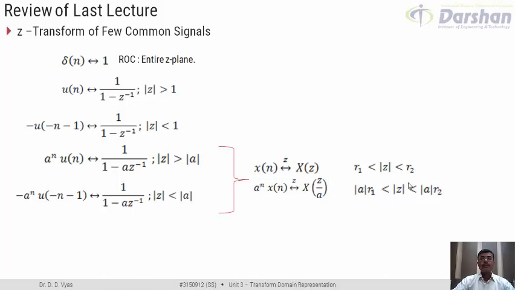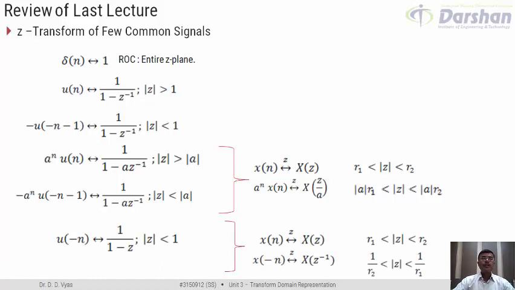The property used here was multiplying a signal with an exponential a raised to power n. Further, we had also derived Z transform of a signal U of minus n from the Z transform of U of n using the property of time reversal.